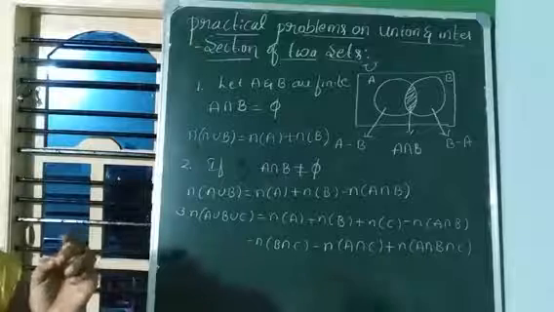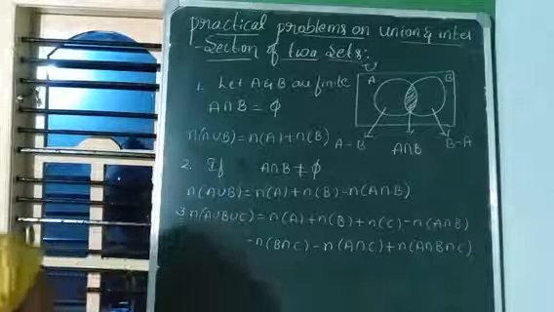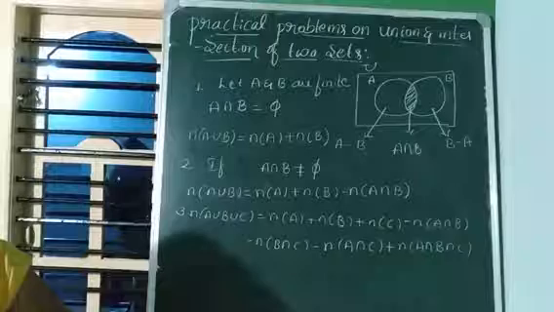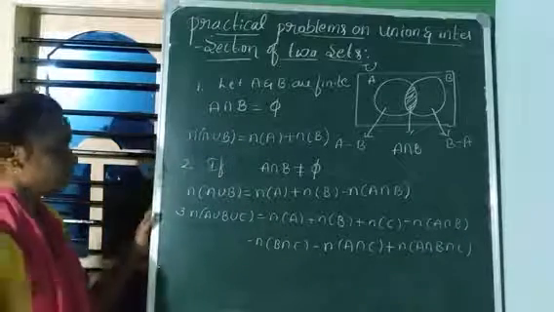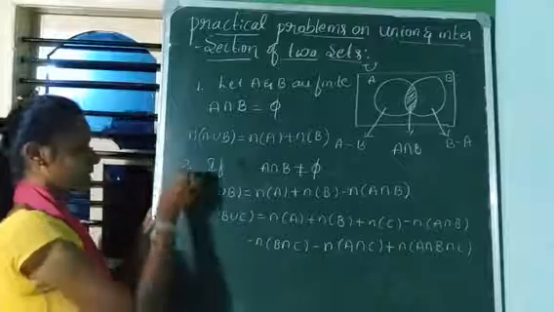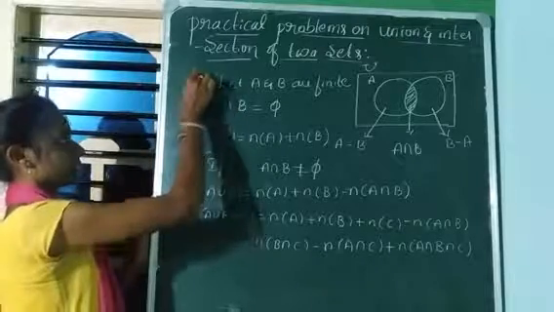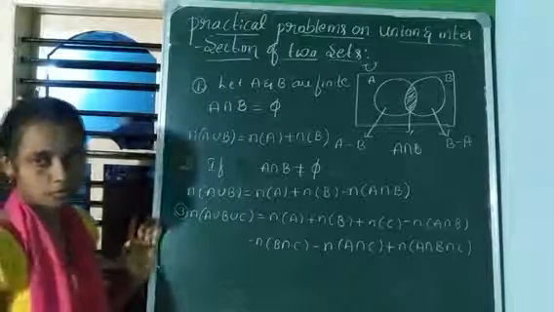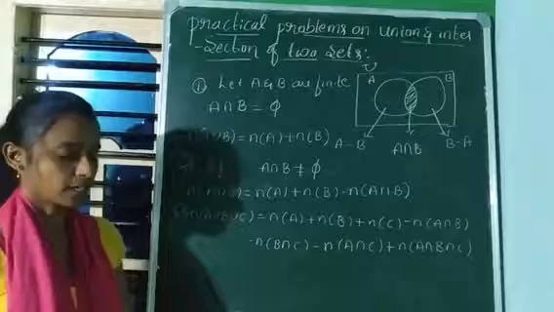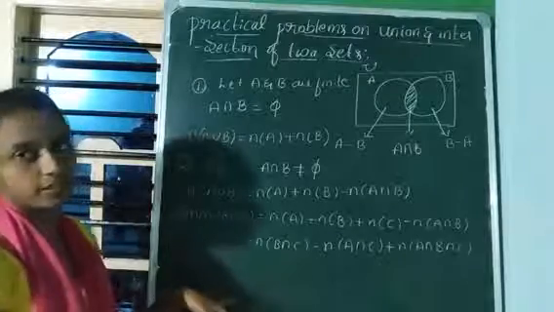This is the last formula. So these three are the formulas related to practical problems on union and intersection. Based on these formulas, we will solve the problems. I'll go with the examples first, then I will start with the exercise.